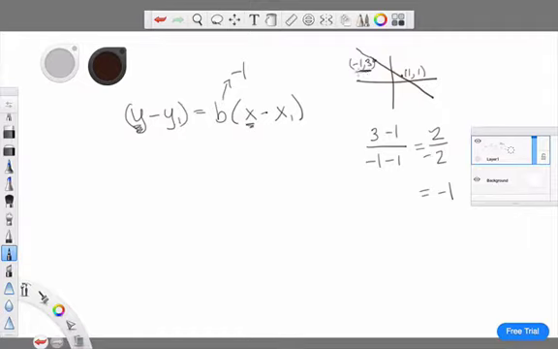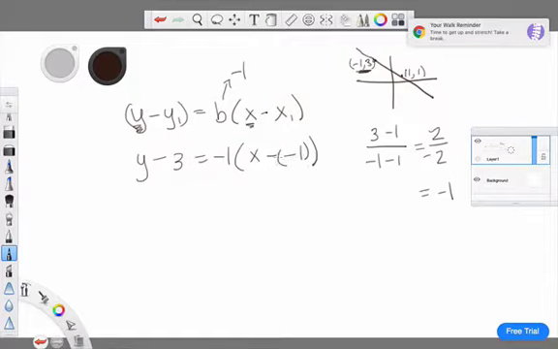So let's pick this one. We're going to do y minus, and the y is the 3 here. Then we know the b, and then x minus, and it's going to be this one, -1. You want to do everything in the parentheses first, so let's change that to a plus.